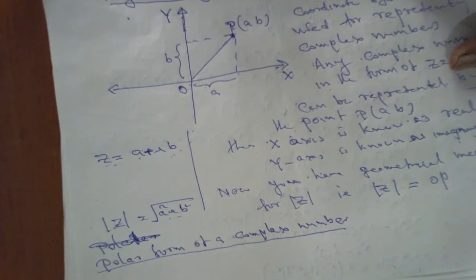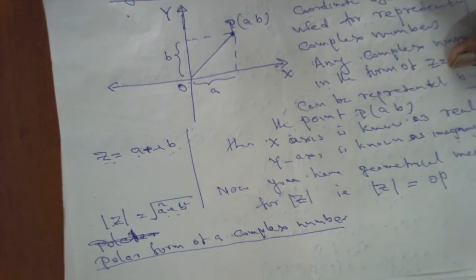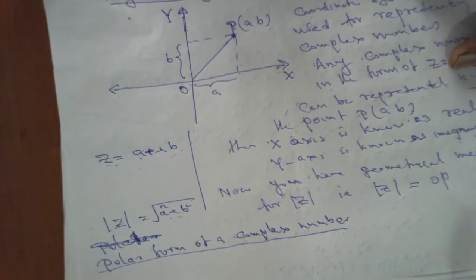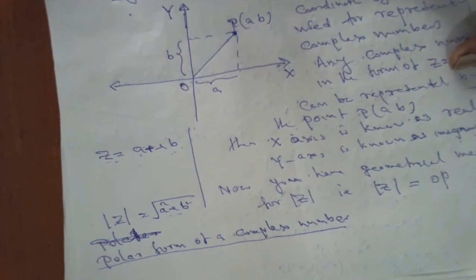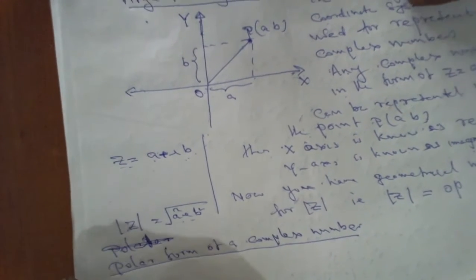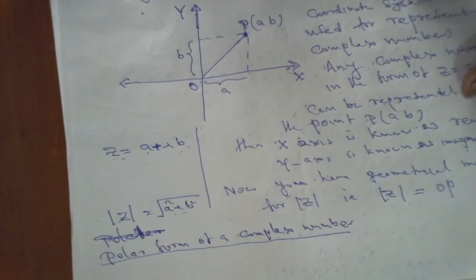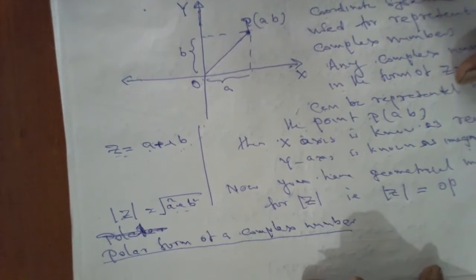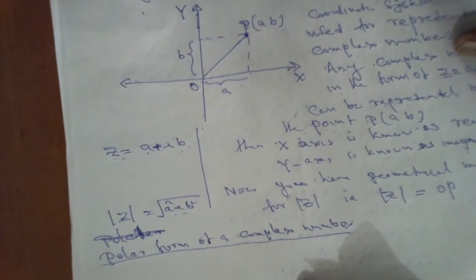For any complex number there is a point allocated on the Argand diagram. Then, what is the polar form of a complex number?